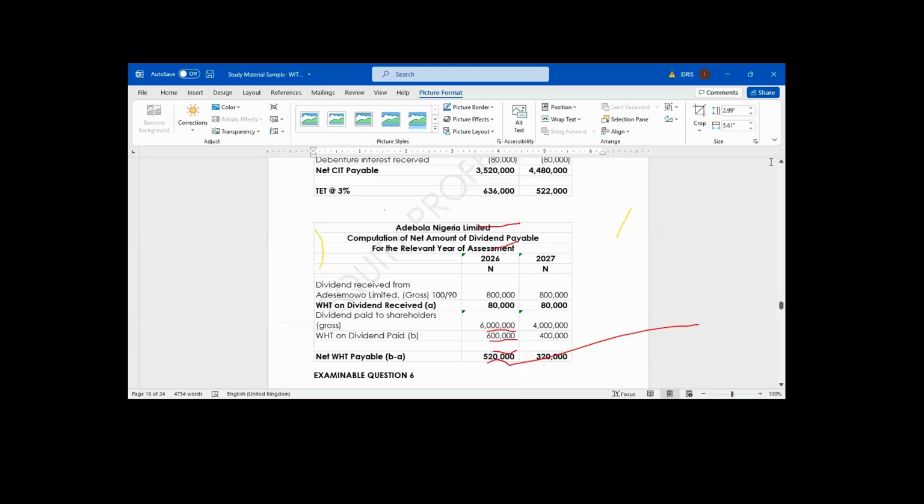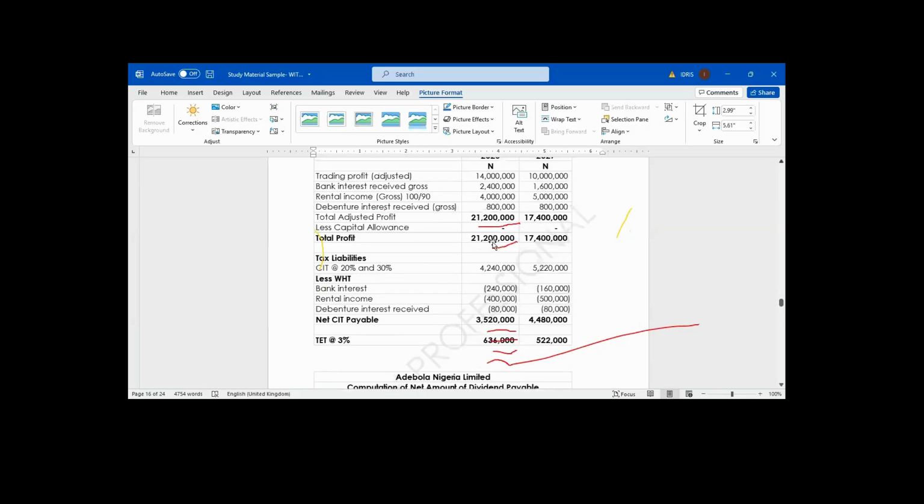Education tax is 3% of the adjusted profit. 3% of 21,200,000 gives you 636,000. Do you understand?